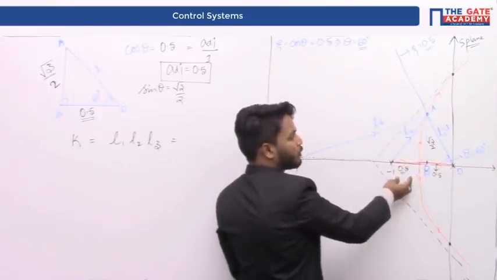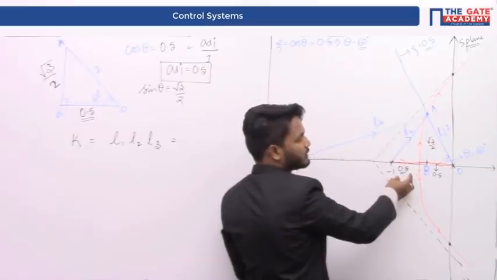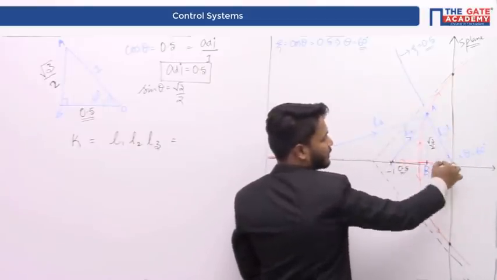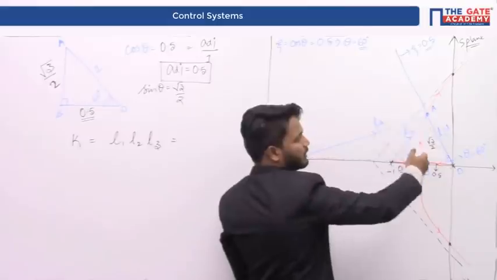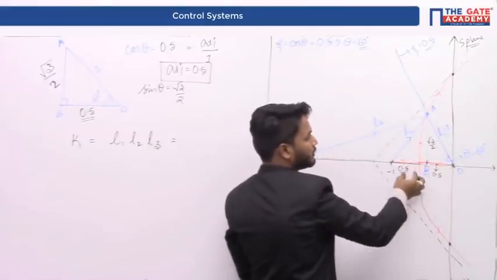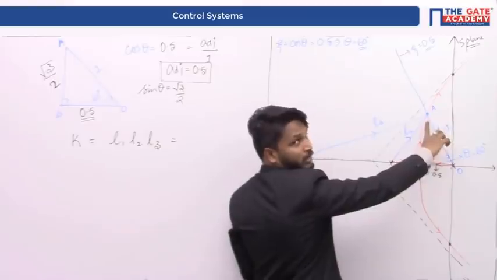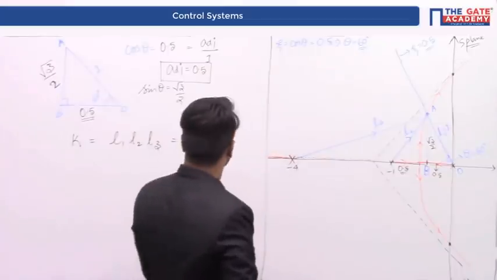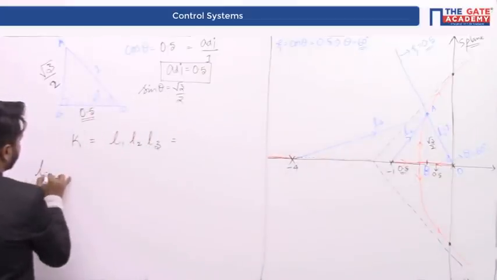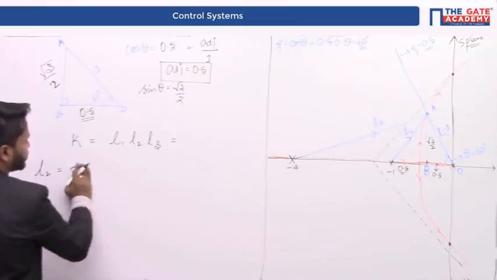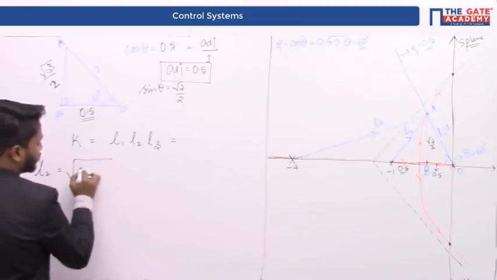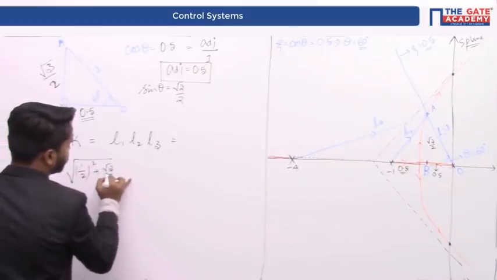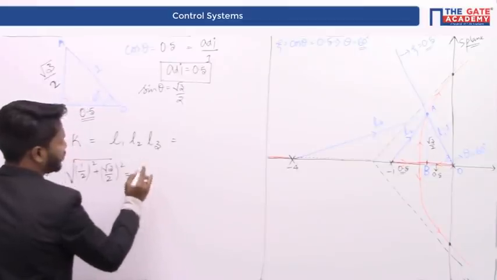This side is 0.5, and this complete triangle has been divided into two equal halves by this. If this is 0.5 and the vertical height is root 3 by 2, L2 is again going to be 1. That is, 1 by 2 whole square plus root 3 by 2 whole square, that is going to be 1.